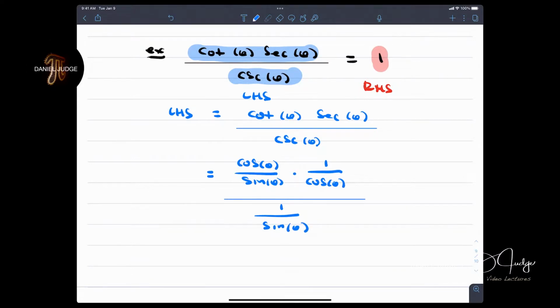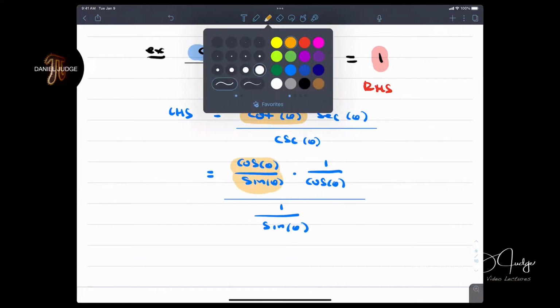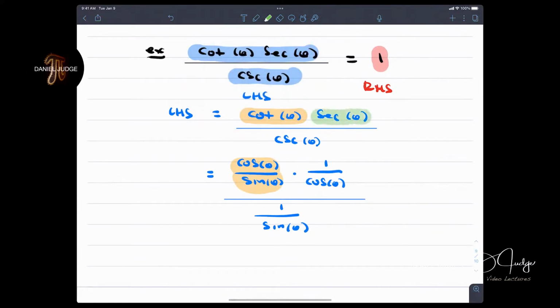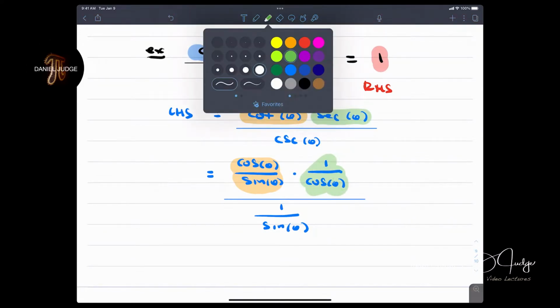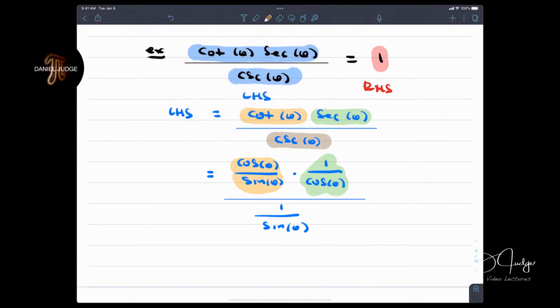So if I really had a color coordinate, cotangent is right in here. Secant is right in here. And I don't know what color to use now. Okay. Cosecant theta is right in here. So double check I have the right identities.